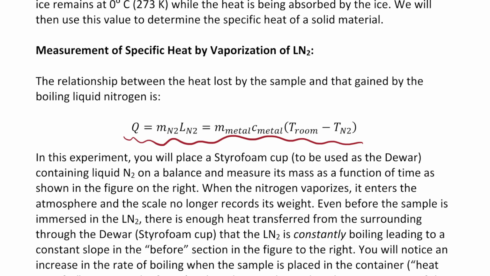You use this to calculate the latent heat of liquid nitrogen, because you measured how much liquid nitrogen boiled off, which was this m_N2. Then you measured the m of the metal on the scale, we told you what c was for the metal, and then you had the room temperature and subtracted the temperature of the liquid nitrogen.